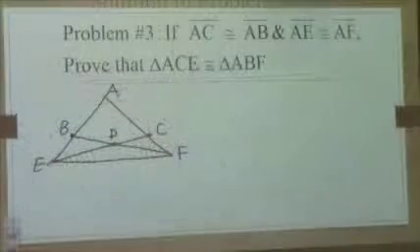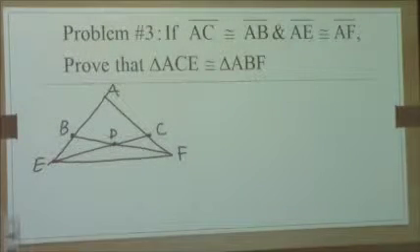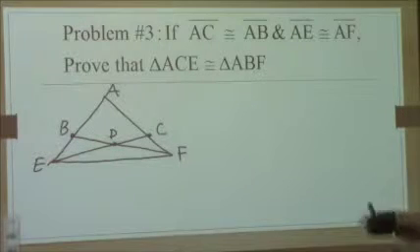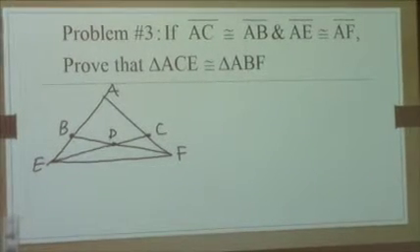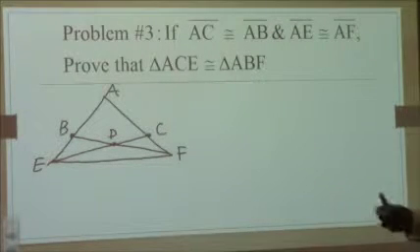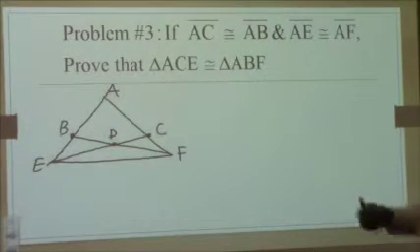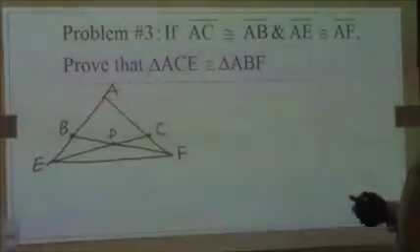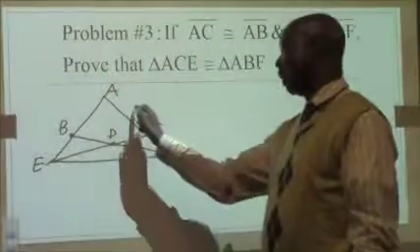Problem number 3. We are supposed to prove this. What we're going to do first is mark the information and add additional information based on the postulates, theorems, and rules of geometry. So here, AC is congruent to AB, so I'm going to mark that.